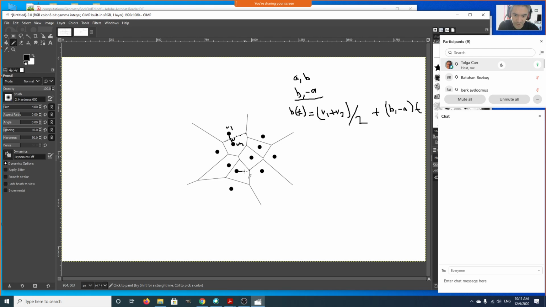Because it's equidistant to at least three sites. A vertex will be a component of the Voronoi diagram in such a way that it's equidistant to at least three sites.